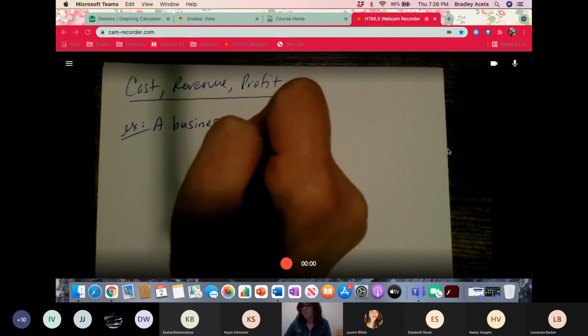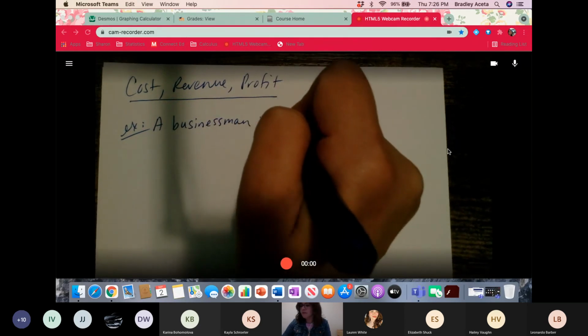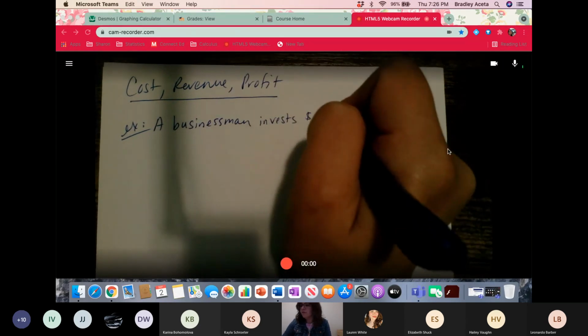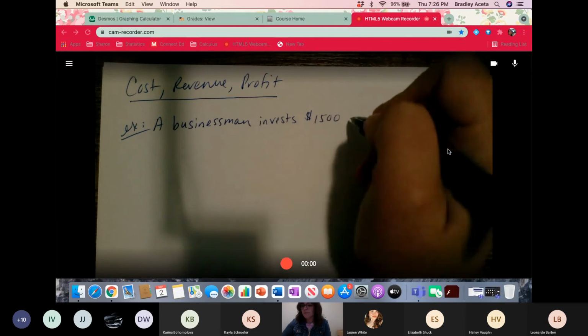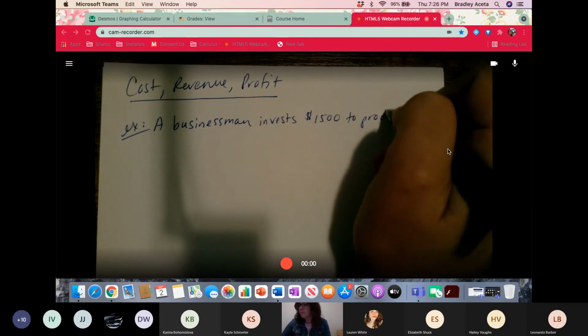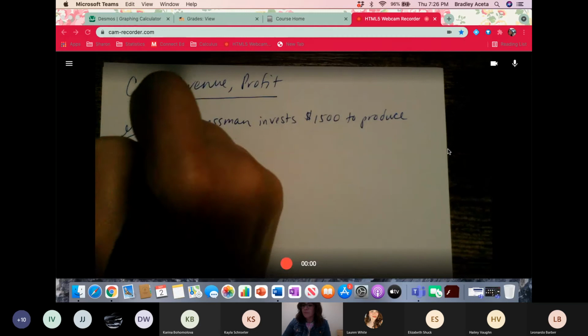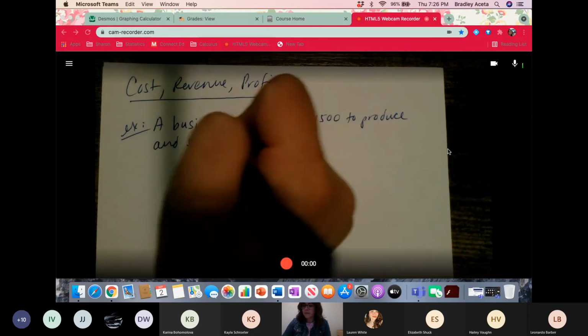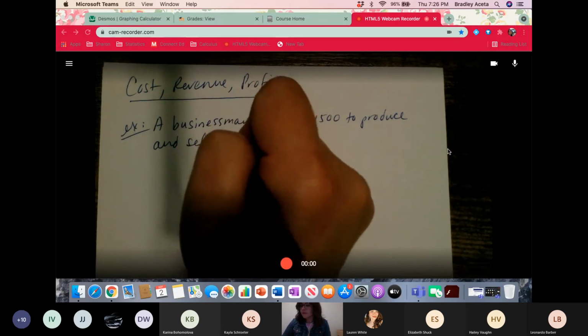A businessman invests $1,500 to produce and sell satellite radios.